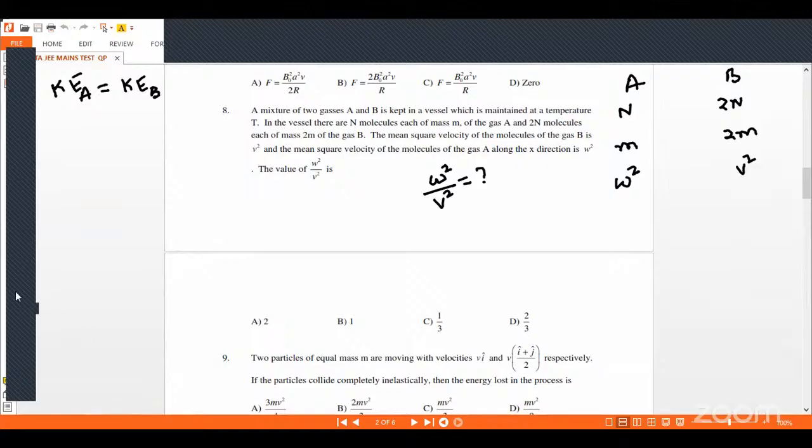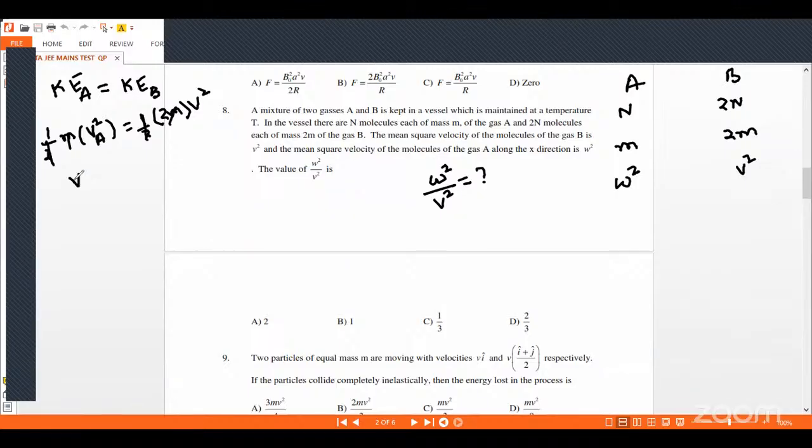Suppose half m into VA square is equal to half into mass of B, which is 2m, into average velocity V square. Half will get cancelled.